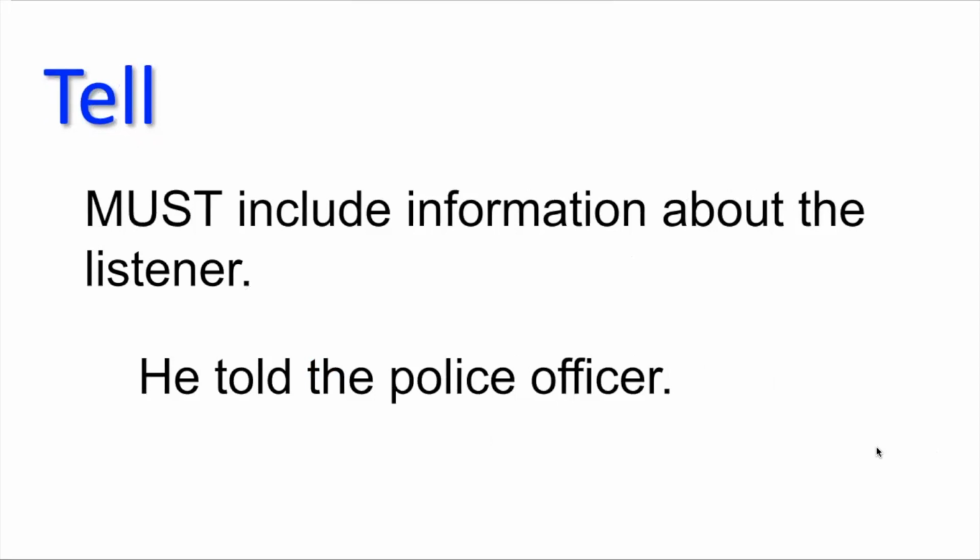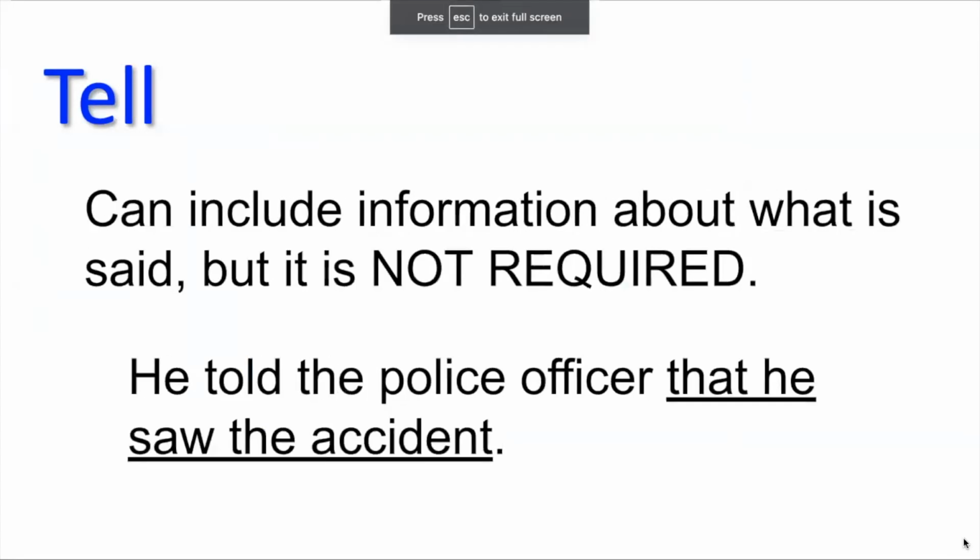Tell must include information about the listener. He told the police officer. No to. You don't say he told to the police officer. It can include information about what is said, but it is not required. He told the police officer that he saw the accident.